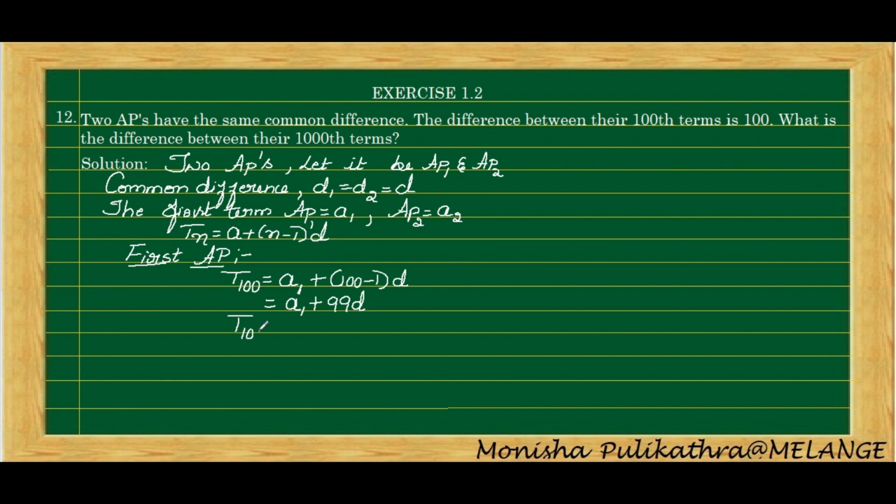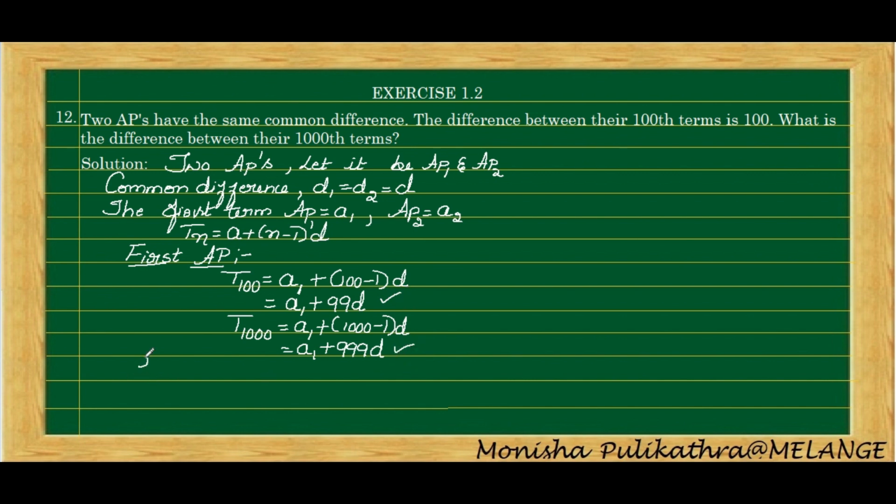So the 1000th term of the first AP will be A1 plus 1000 minus 1 into D, which will be A1 plus 999D. Okay, so this is the 100th term of the first AP and this is the 1000th term of the first AP.